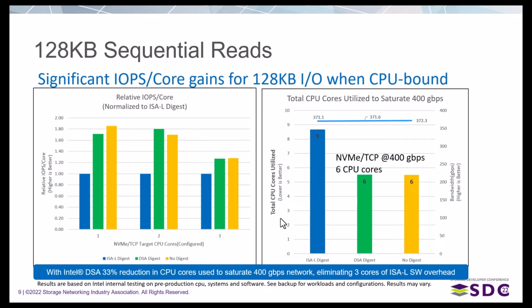So if your workload is one of these large block workloads that is sequential, like the 128K sequential blocks, you can do this with DSA for no additional CPU overhead. That's what the green bar on the graph on the right and the gold bar are telling us. And that's because DSA completely eliminates those 3 cores of ISA-L software overhead.